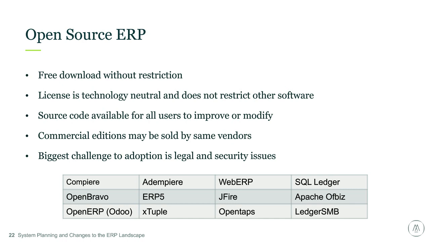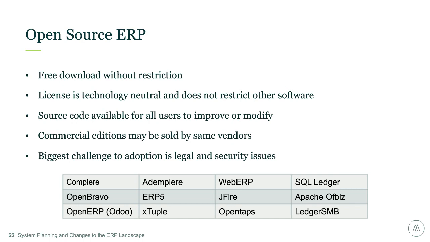So if the source code is freely available for anyone to change and modify, how do you control that? How do you enforce compliance with proper change management? And there's also the legal question of who owns the copyright if anyone is free to make changes and improvements to the software.